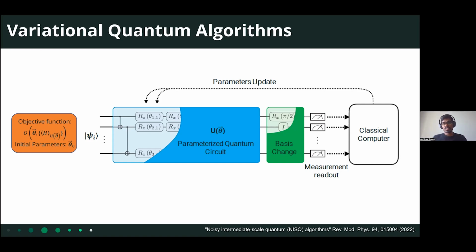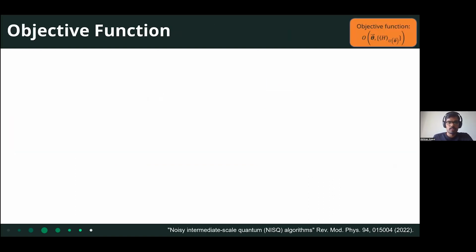It is this hybrid and modular approach that makes variational algorithms really interesting. Once you know what problem you want to solve, you can just encode it into this framework and have a variational algorithm.